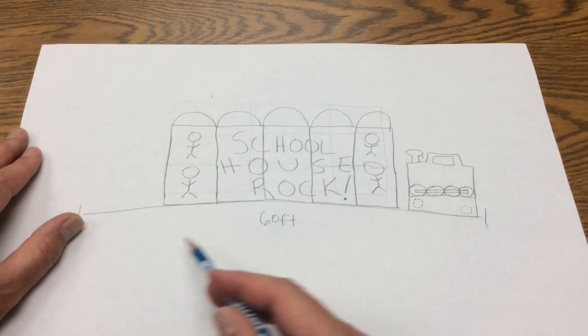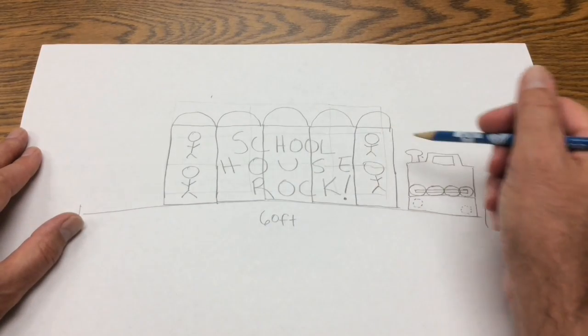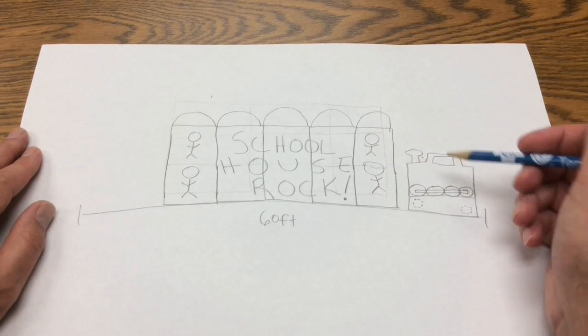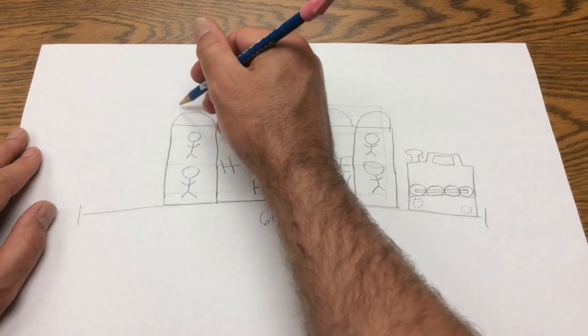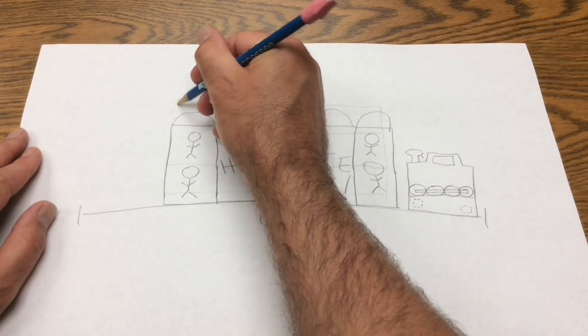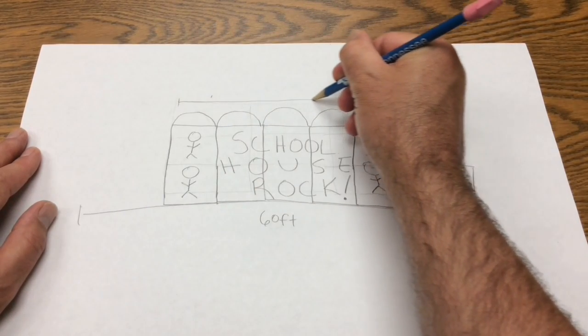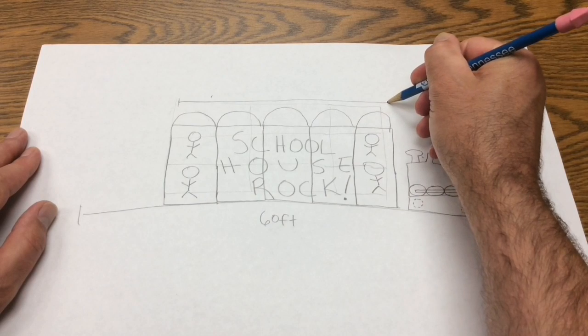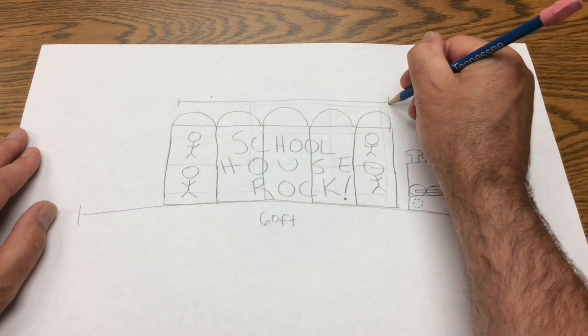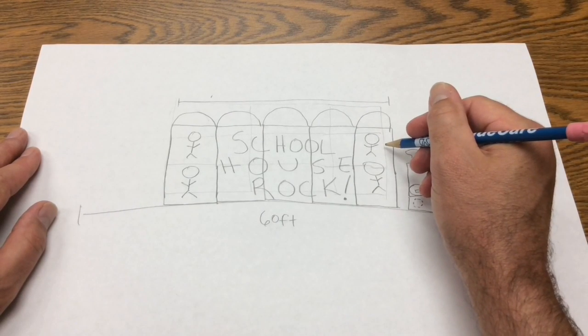Now remember, the entire stage is 60 feet. So looking at this, I would guess that there are 5 panels, and each panel is about 4 feet wide.